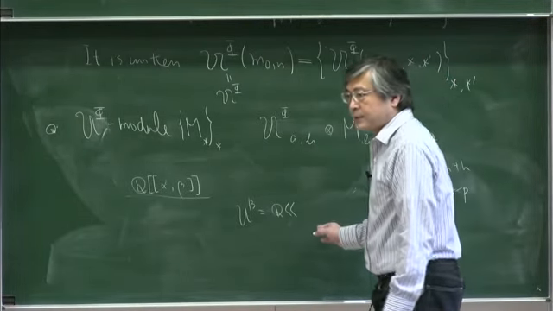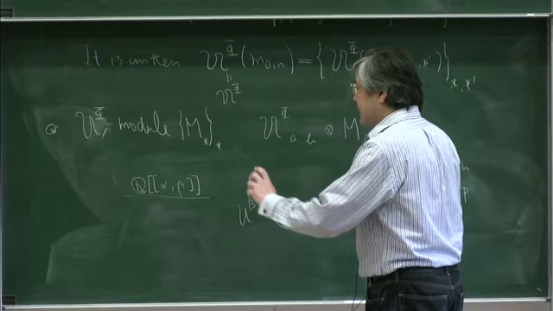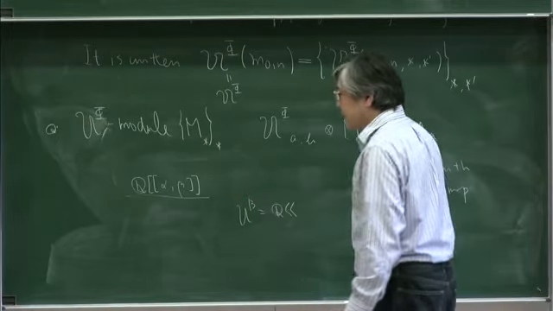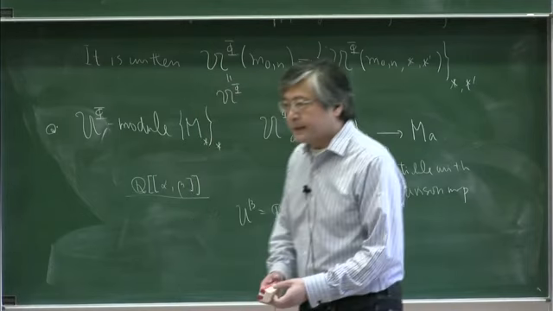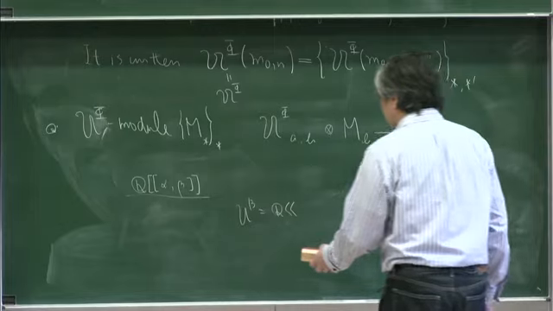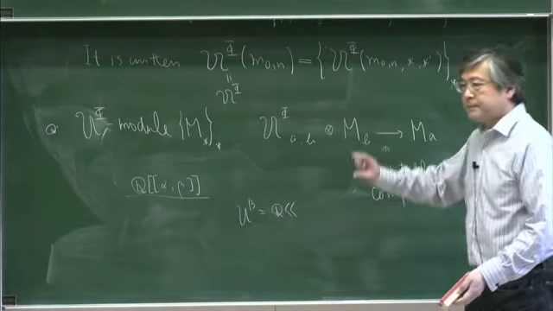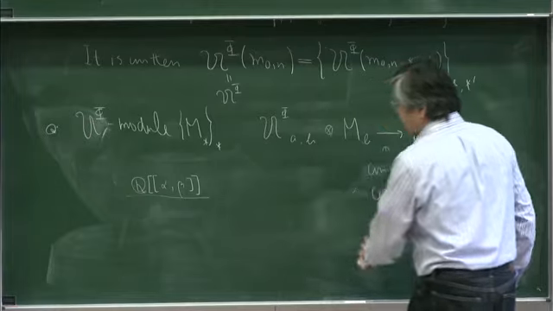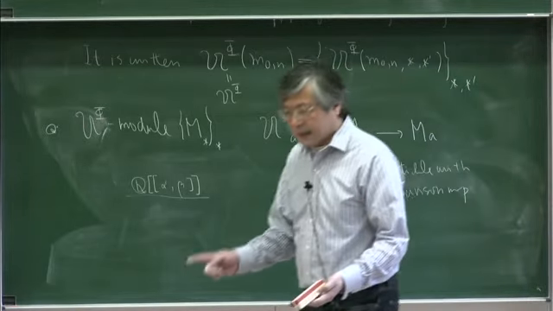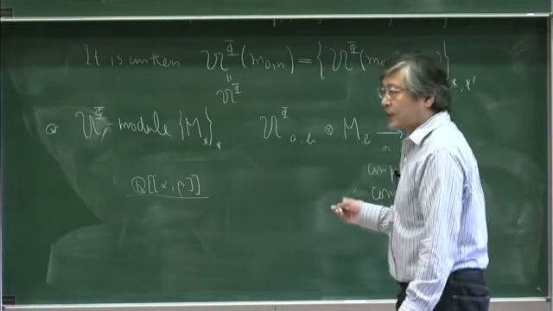Maybe this is the correct word, because the antipode is not algebraic, this is an anti-isomorphism. So maybe it is called a dual Hopf algebra.